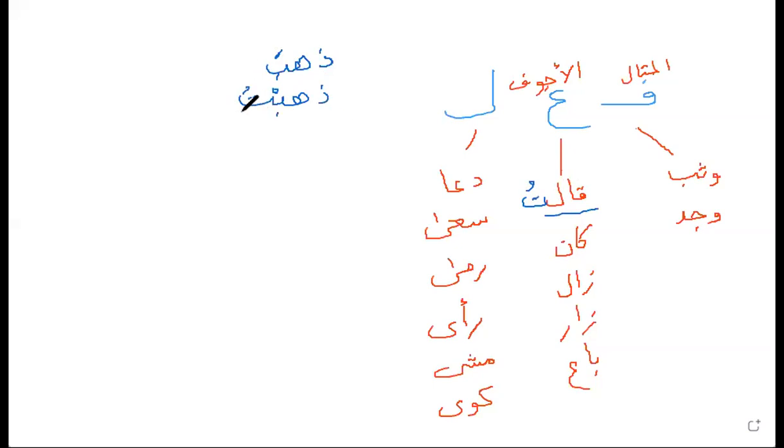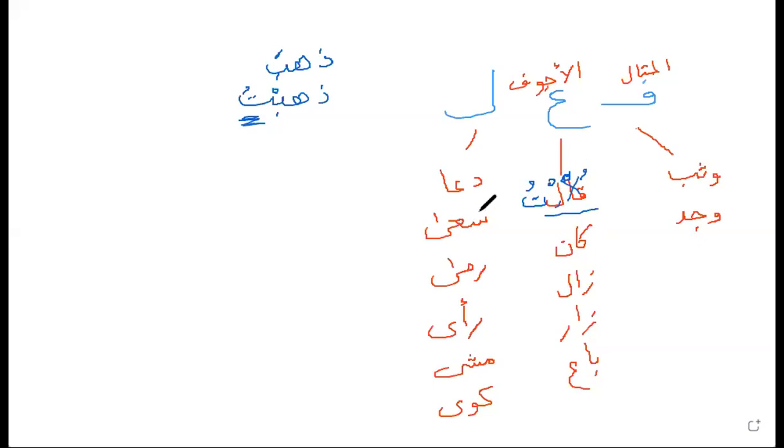Dhahabtu, in order to get that ta pronounced, you don't say dhahabatu, you say dhahabtu. So the same thing happens over here. The last letter takes a sukoon before you add the ta. Now you have a case of the weak letter that has a sukoon and the lam that has a sukoon. So therefore you delete that weak letter and it becomes qultu.